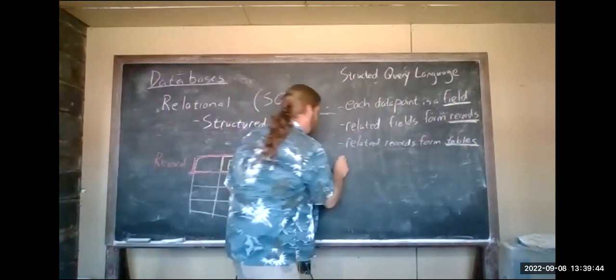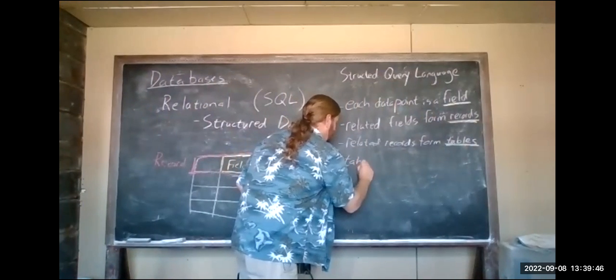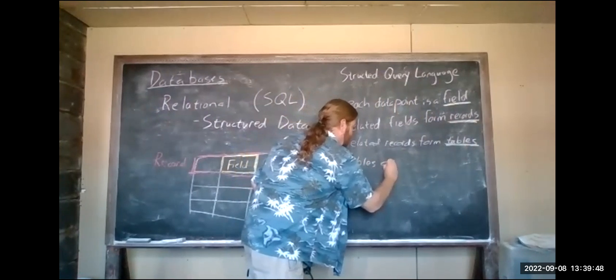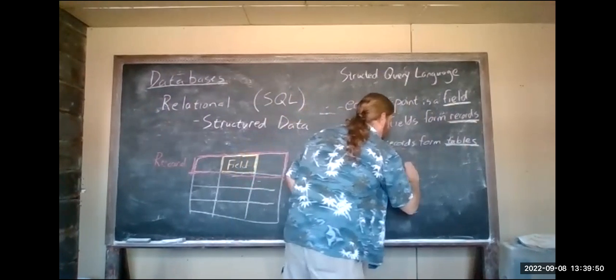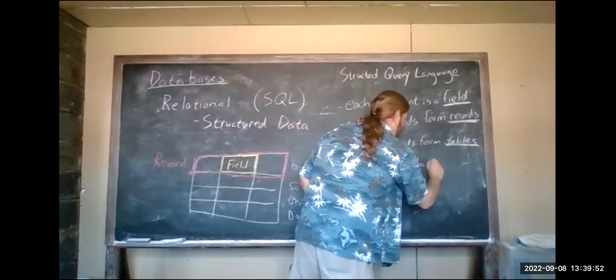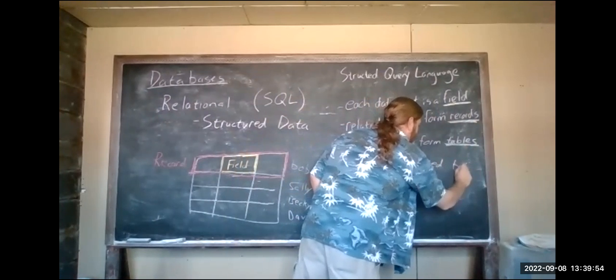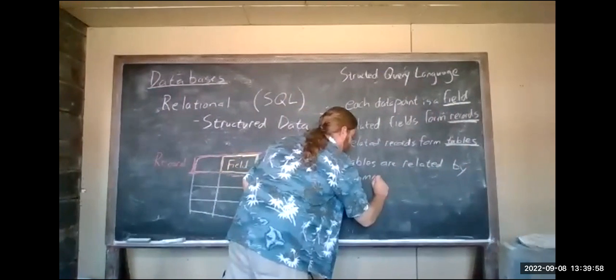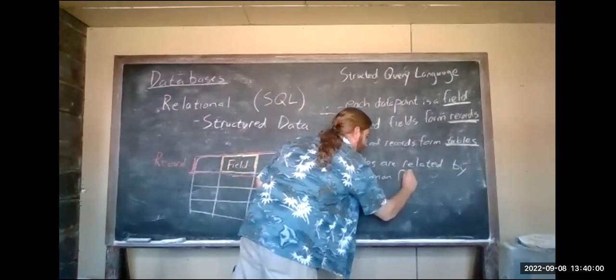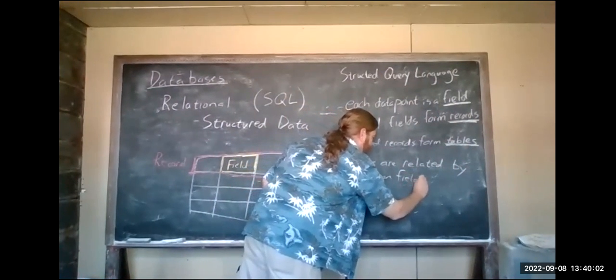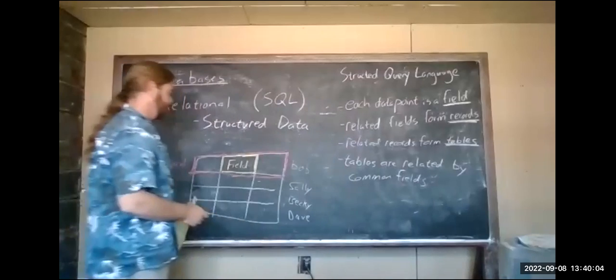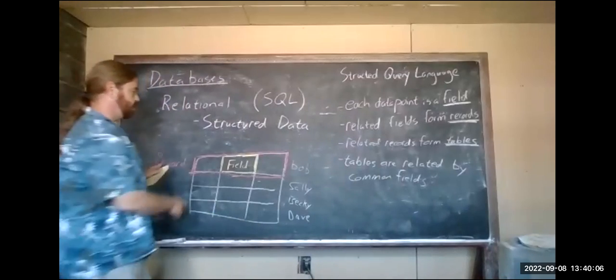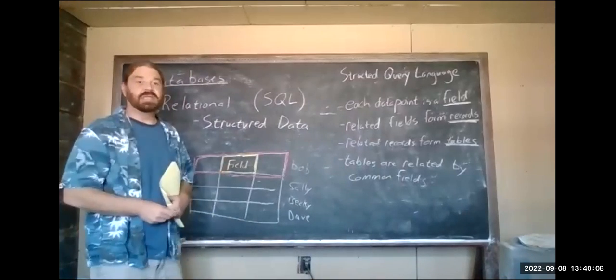And tables are related by common fields. So we're going to have more than one set of data, right?